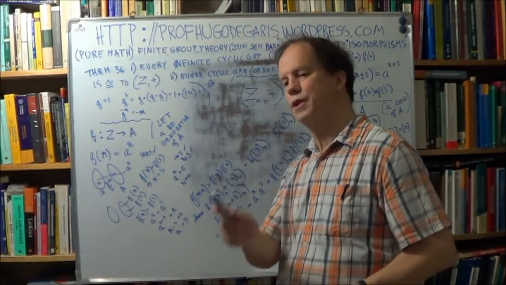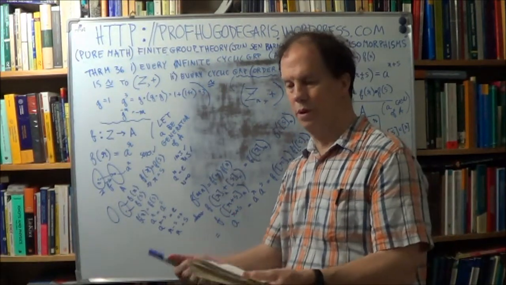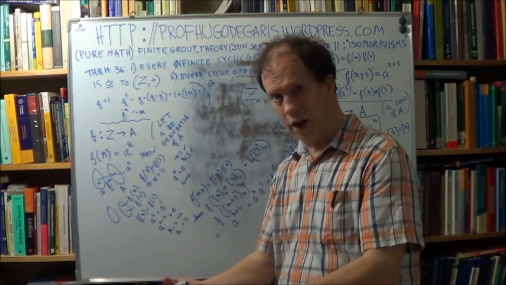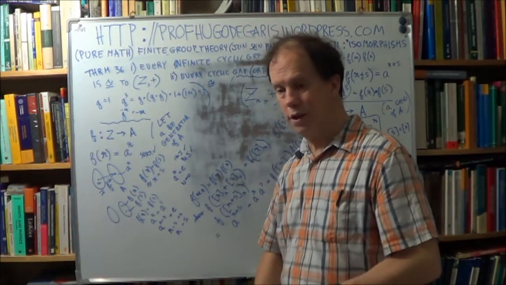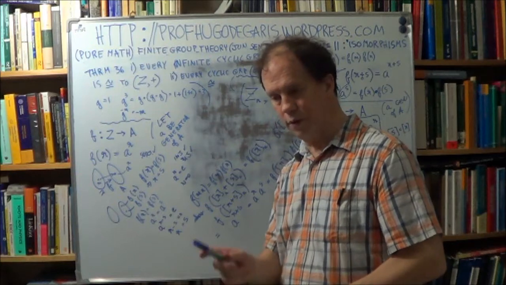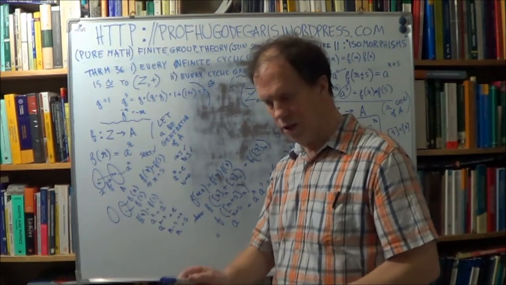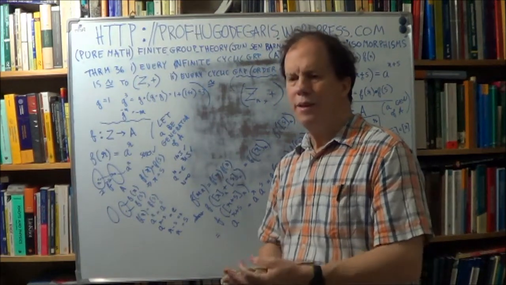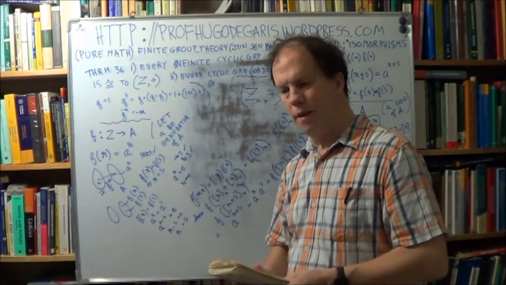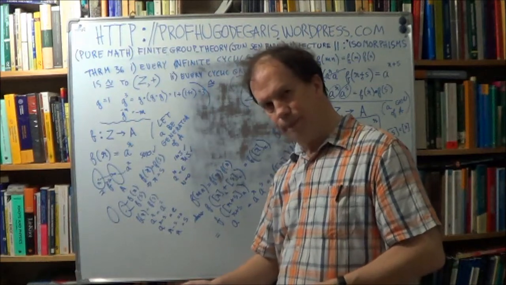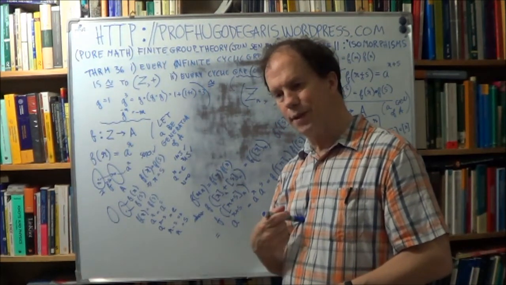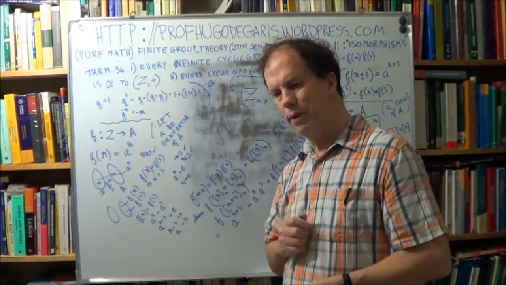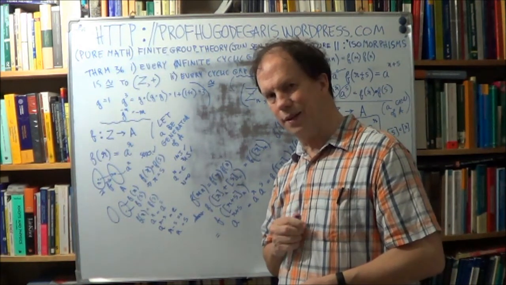So the very first test you would do when you have two candidate groups and you're trying to see whether they are not isomorphic is just to test their two orders, and if they're different, then immediately you know they are not isomorphic. Okay, but it happens that they may have the same order, the same number of elements, but still not be isomorphic. So how do you go about testing that?